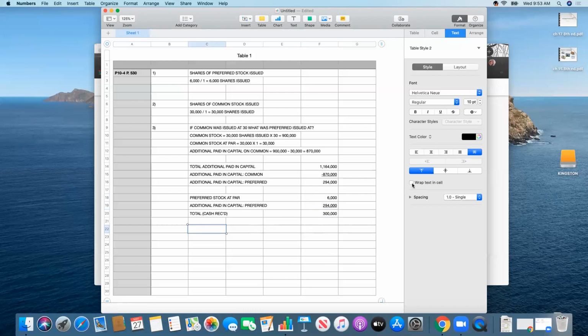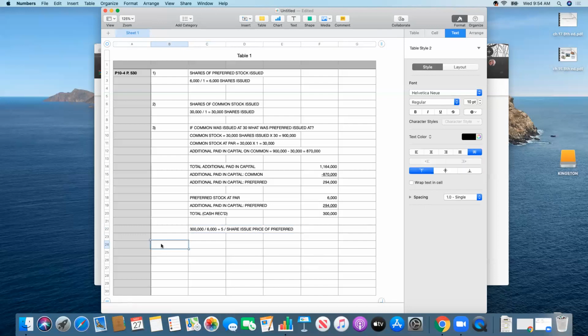So now, if I take 300,000 and divide it by the 6,000 shares that were issued, 300,000 divided by 6,000 is $5 per share issue price of preferred.